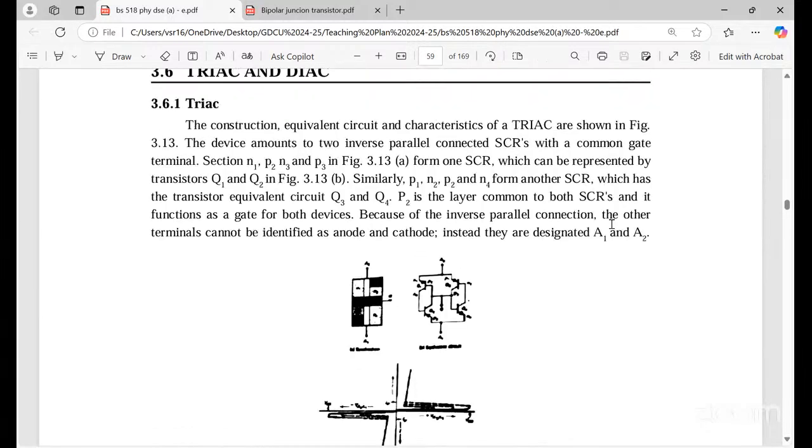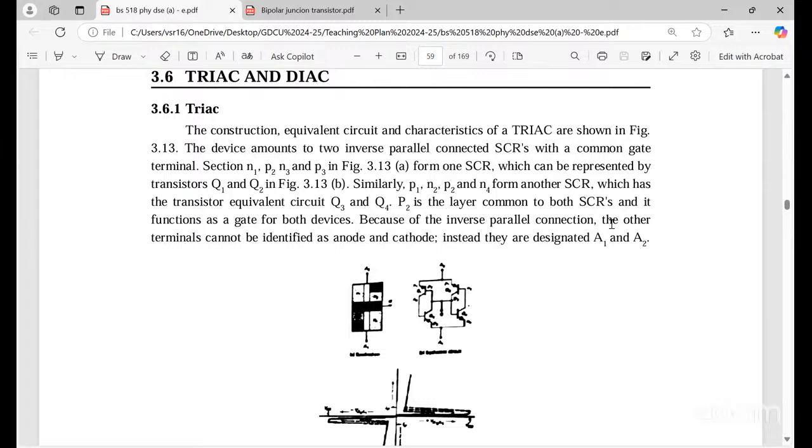Next, the other most important, repeatedly asked question is the TRIAC. So the equivalent circuit of the TRIAC is going to be shown here. The device amounts to 2 inverse parallel connected SCRs with a common gate terminal.